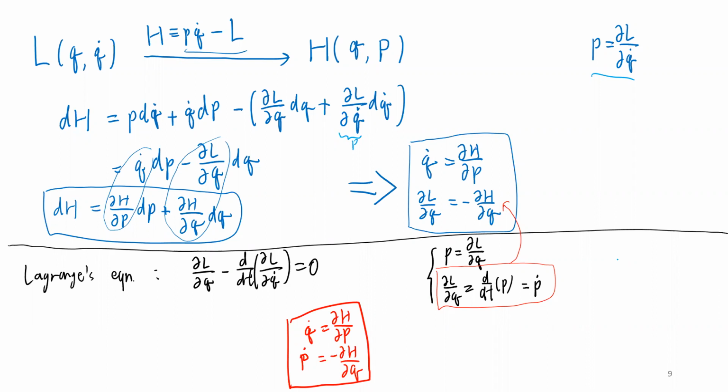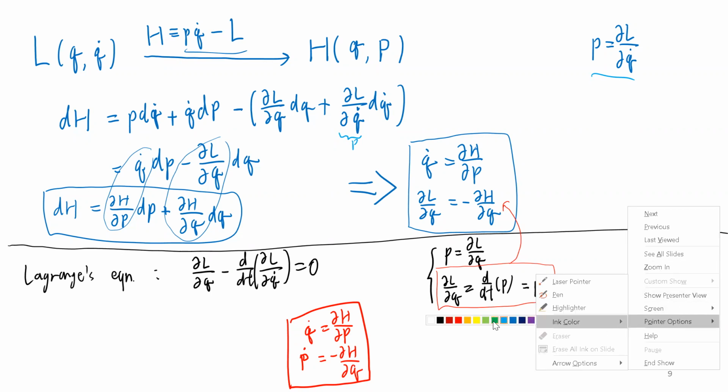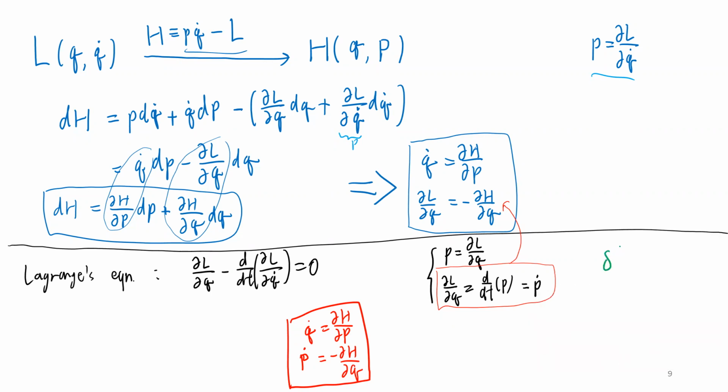So from the principle of least action, we have the Lagrange equations. Then we do the Legendre transform from the Lagrangian to get to the Hamiltonian, and then we get to this set of equations.